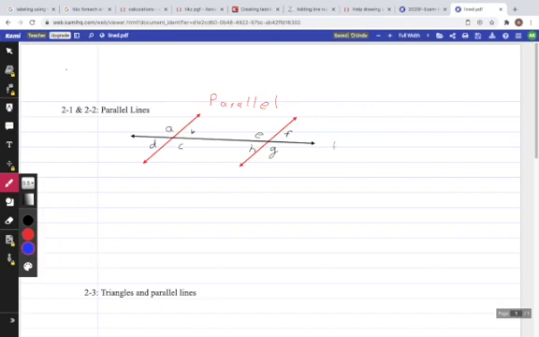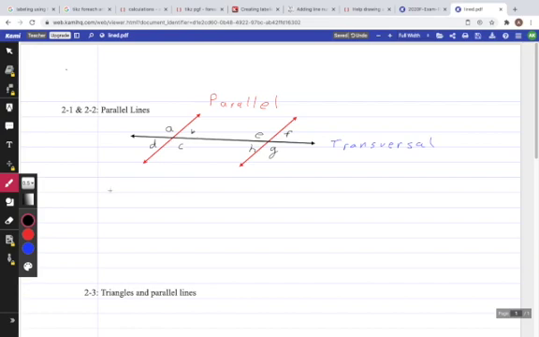Our transversal just crosses those lines. But this actually creates a situation where we have 8 angles, but only 2 types of angle measures.